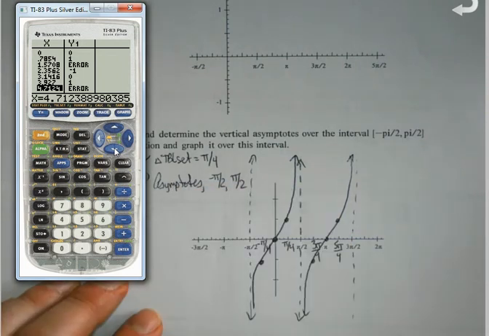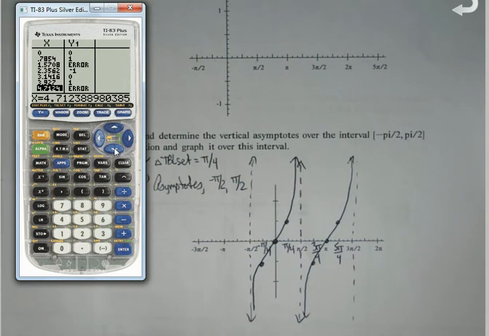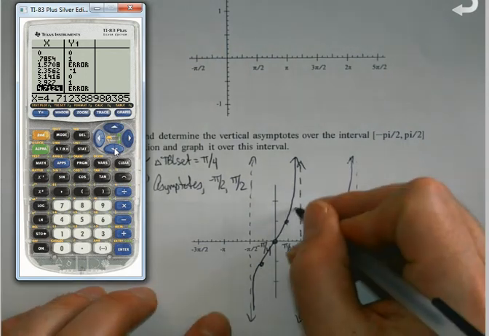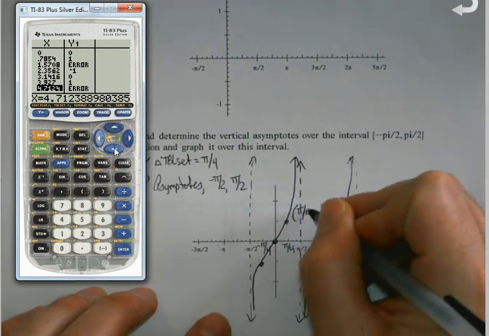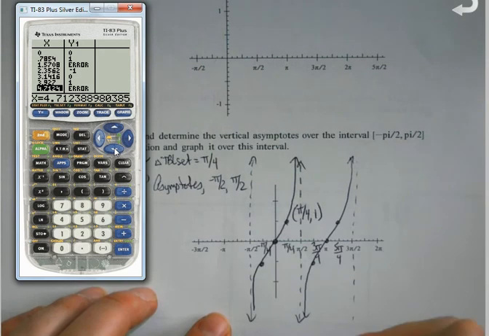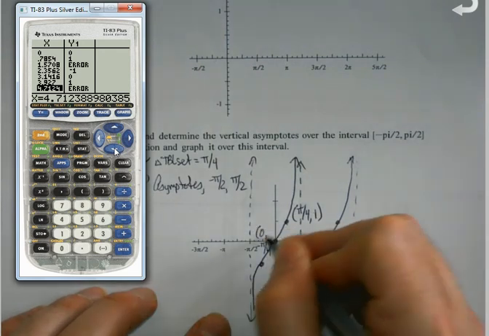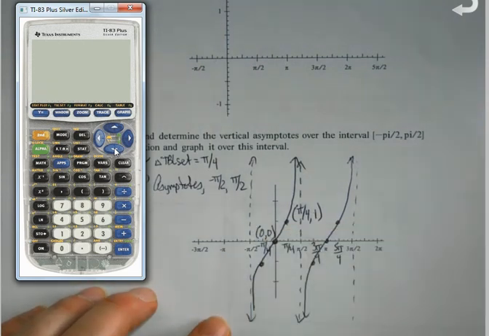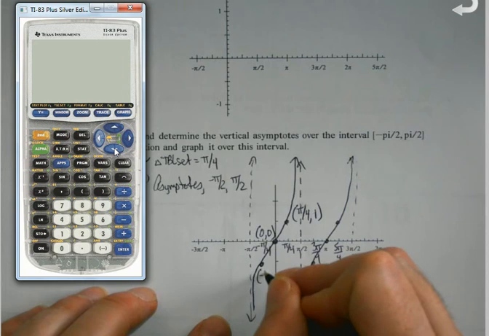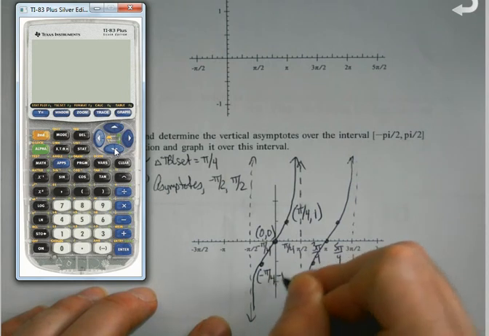But here's one thing you'll never really notice with tangent quite as much. In this case, I don't have a defined amplitude. Okay? I can still label points, like pi over 4, 1, or 0, 0, or negative pi over 4, negative 1.